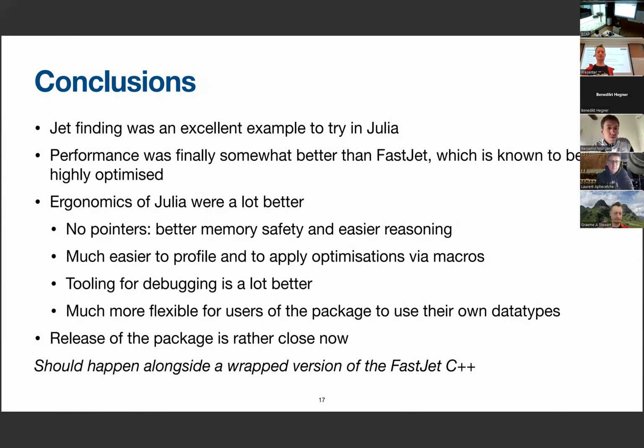So conclusions are that jet finding was a really good example to try in Julia. The performance in the end was somewhat better than FastJet, which is known to be highly optimized. The programmer experience of using Julia was lovely. The fact that there's no pointers, better memory safety, easier to reason about the code, much easier to profile.